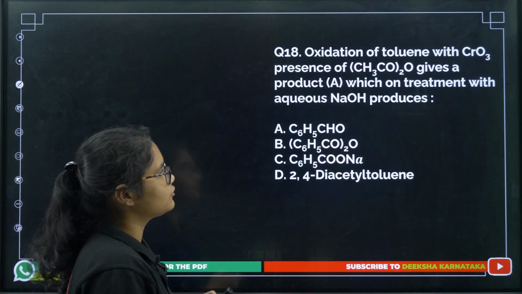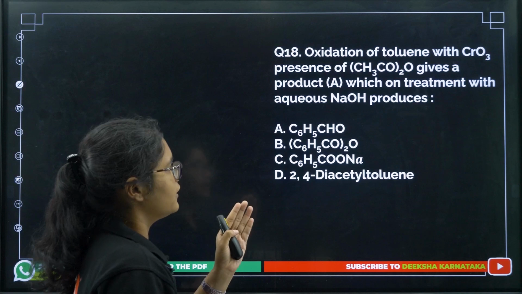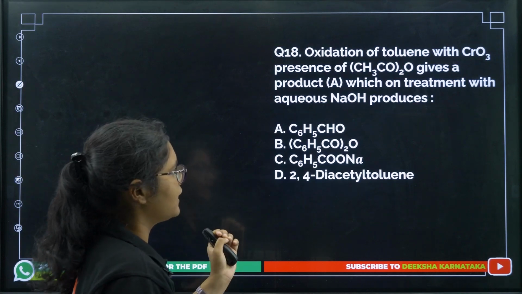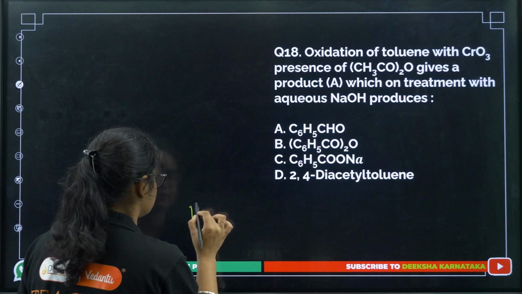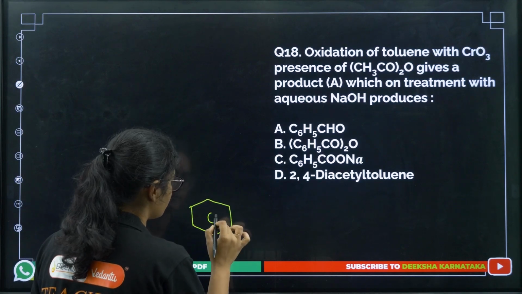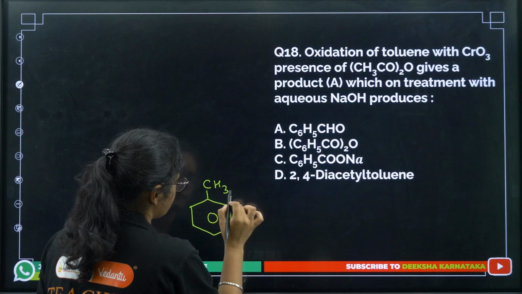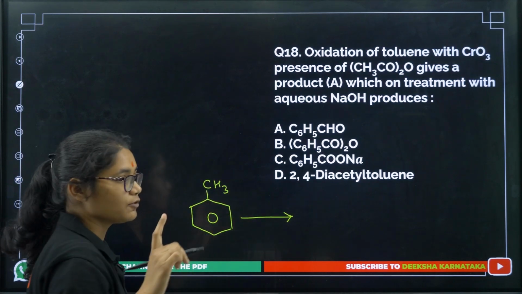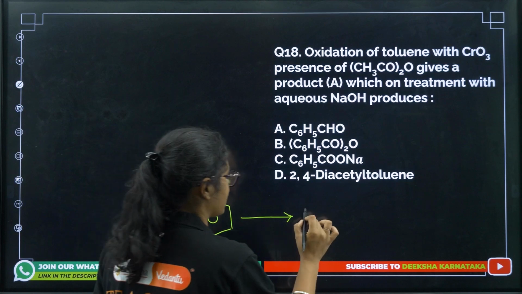Next, oxidation of toluene with CrO3 in the presence of (CH3CO)2O, that is your anhydride, gives a product A, which on treatment with aqueous NaOH produces... So if you remember, in the preparation of aldehydes from hydrocarbons, under methyl benzenes we had this mechanism.